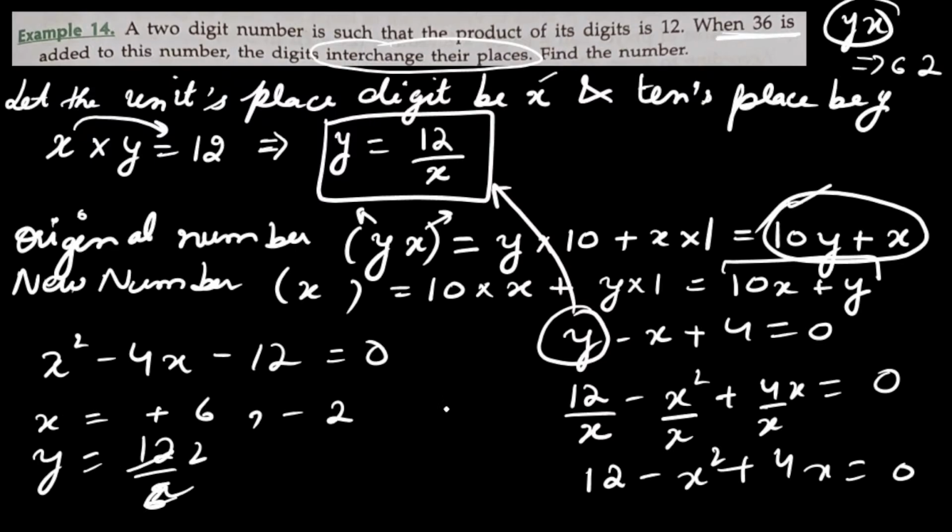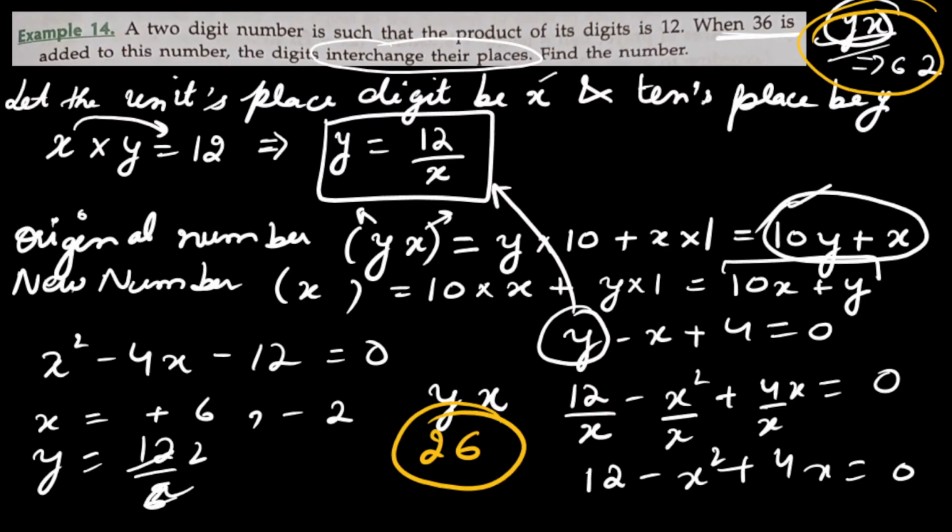The number is yx, as I assumed at the starting. So y's value is 2 and the value of x is 6. So 26 is the required number. Negative values we ignore in these types of questions. So 26 is the required number.